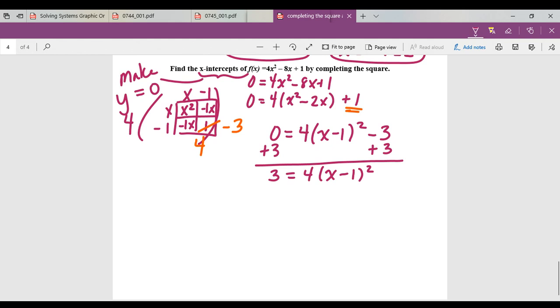What should we get rid of next? The 4. So we're going to undo this multiplication by dividing each side by 4. Okay, so you can leave it as 3/4, but because I know we're going to have to take the square root, I'm just going to go ahead and use the decimal and put 0.75. So that equals x minus 1 squared.